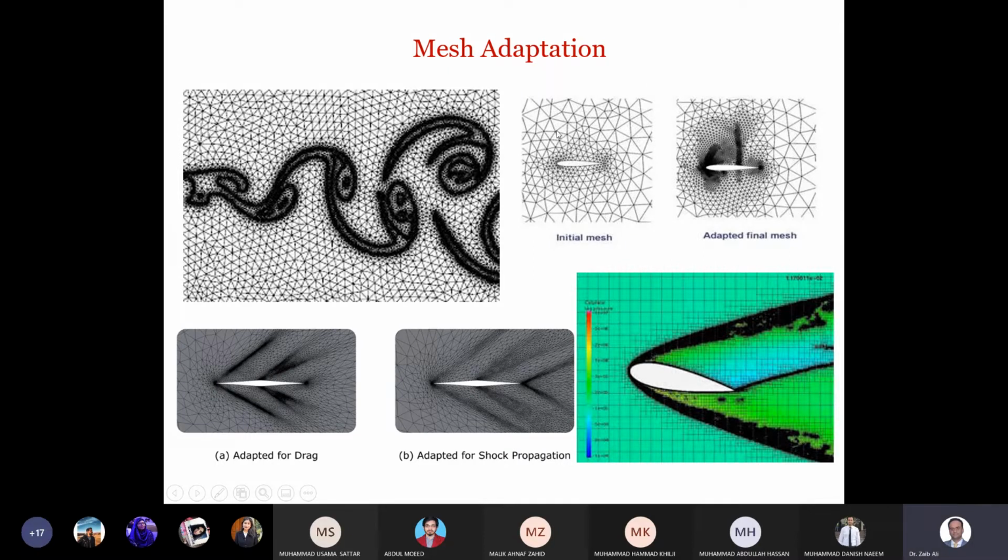What you want to avoid is a mesh with a sudden jump in the cell size. Here you can see a gradual decrease, a continuously decreasing size, or a continuously increasing size. You should not directly jump from this size to this size over here, or this size to this size over here.